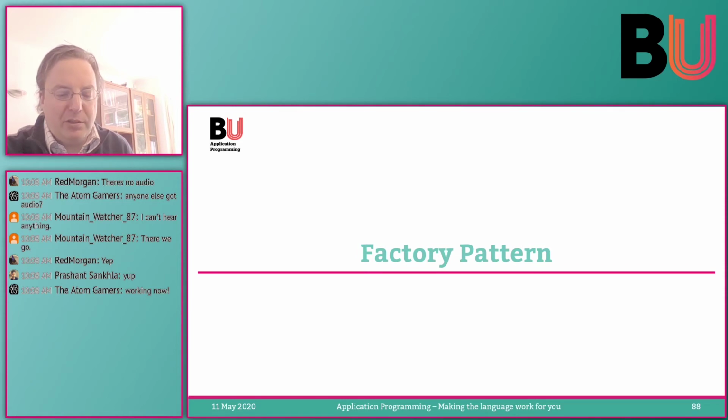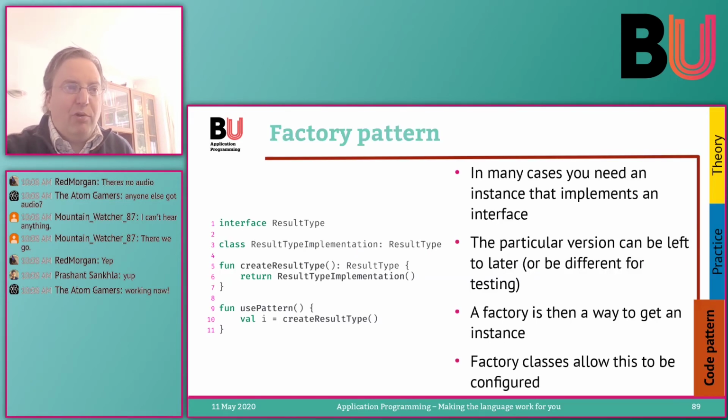Factory pattern. Sometimes you don't want to create instances by hand, but you just want to give me an instance of this particular interface rather than create an instance of a particular class. In the assignment, you had the mutable matrix or mutable sparse matrix functions that would create those and initialize them correctly.